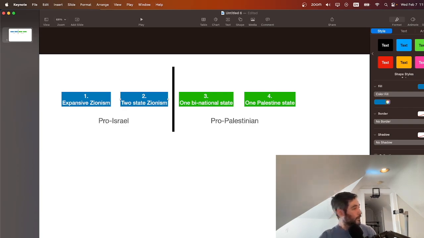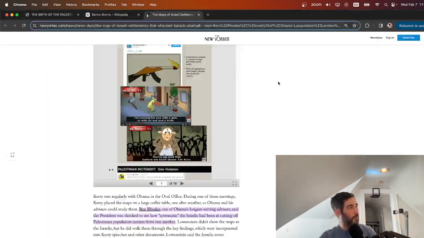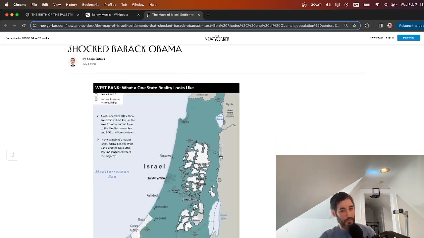Okay? So there is a New Yorker article, which is really, really important here. This New Yorker article, the maps of Israeli settlements that shocked Barack Obama, from 2018. Okay? Since 1967, the settlements have been expanding in the West Bank.